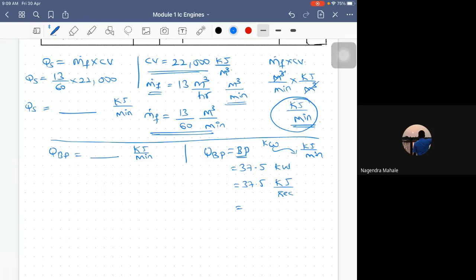You should not divide by 60, rather you have to multiply by 60, because it is conversion of second to minute. So 37.5 cross 60, then it would be kilojoules per minute. Okay. So now what is the value in kilojoules per minute?